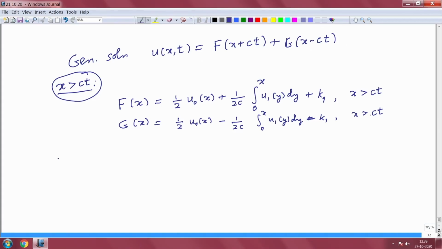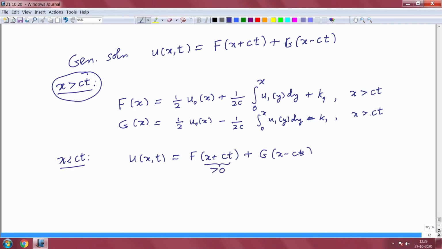So, what happens when x is less than c t? We still have the general solution, no problem there: f of x plus c t plus g of x minus c t. So, x plus c t is positive, so there is no problem.